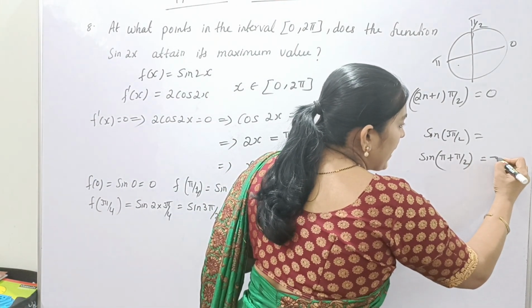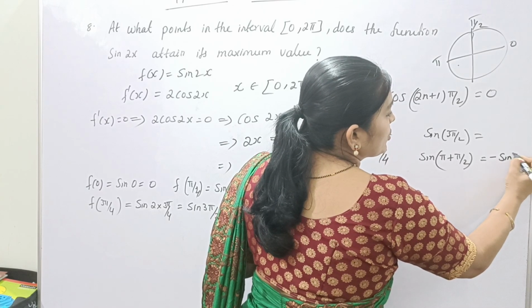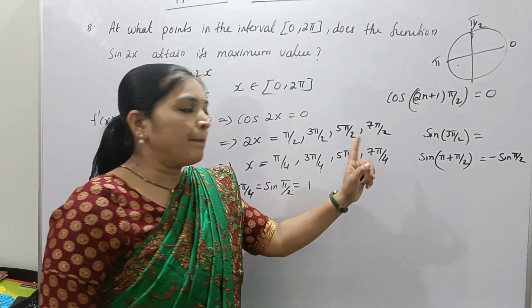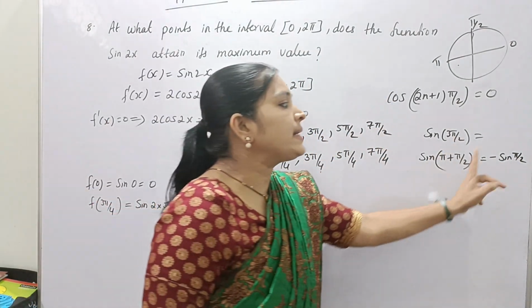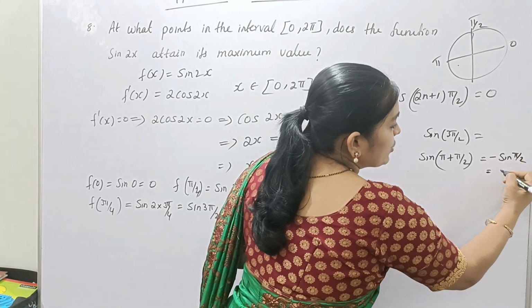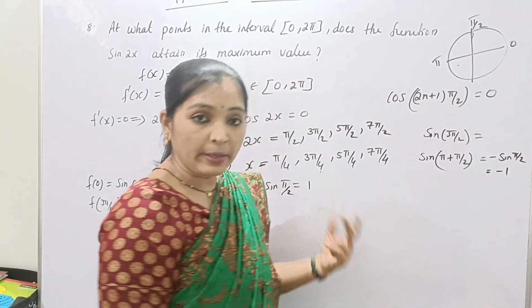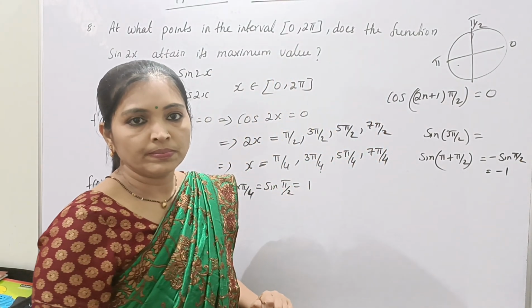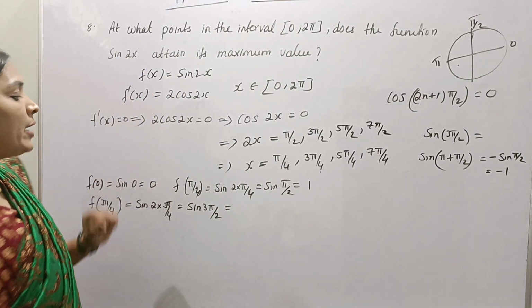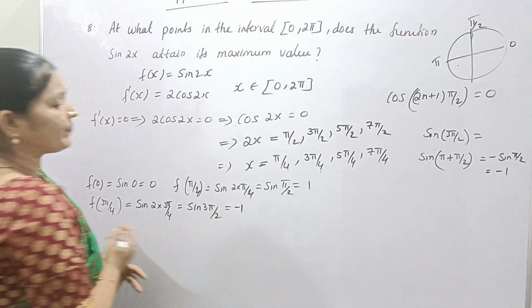Therefore, this value will be minus sin pi by 2. Sin of pi plus pi by 2 is minus sin pi by 2. Sin pi by 2 is 1, so it will be minus 1. So sin 3 pi by 2 is minus 1.